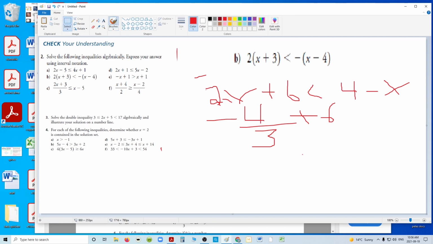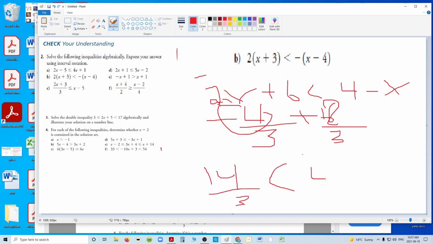If you want to just put it all in the same, that's 18/3. -4 plus 18 is 14/3. And on the right side, 4, what did I say it was? -2/3. So -2/3 is 4 2/3, if I got it right.